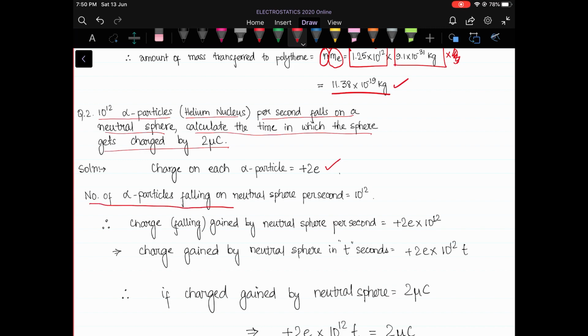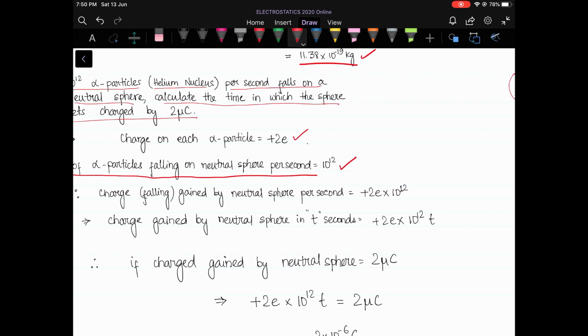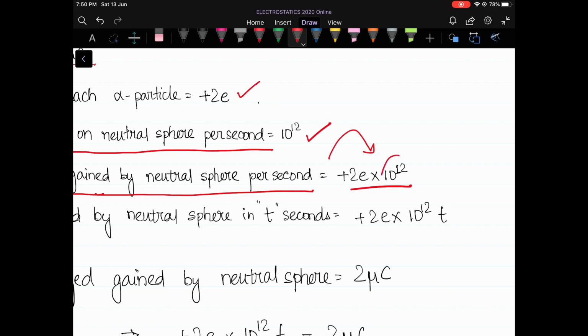The number of alpha particles falling on the neutral sphere per second is 10^12. Therefore, we can say the charge gained by the neutral sphere per second must be 2e × 10^12. You can see this is the number of alpha particles, and this is the charge carried by each alpha particle.